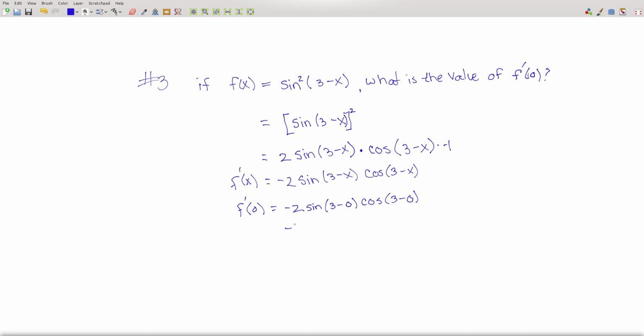This is negative 2 times the sine of 3 times the cosine of 3. If you would have typed that all out into the calculator and come up with a decimal, I would have given you credit, but really this is enough. This is the derivative of f evaluated at 0.